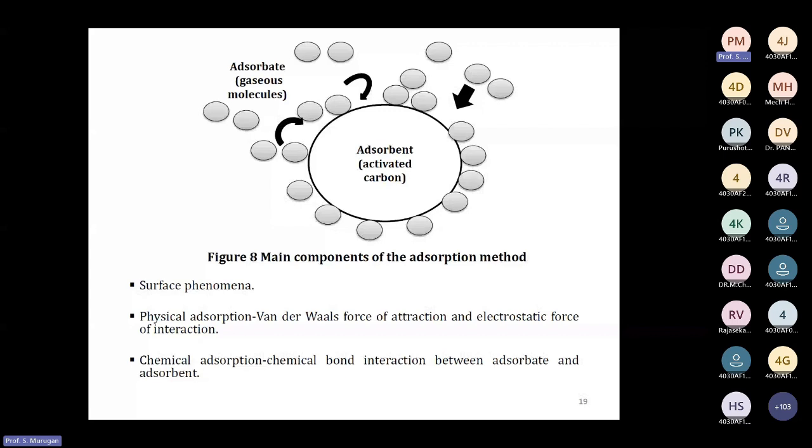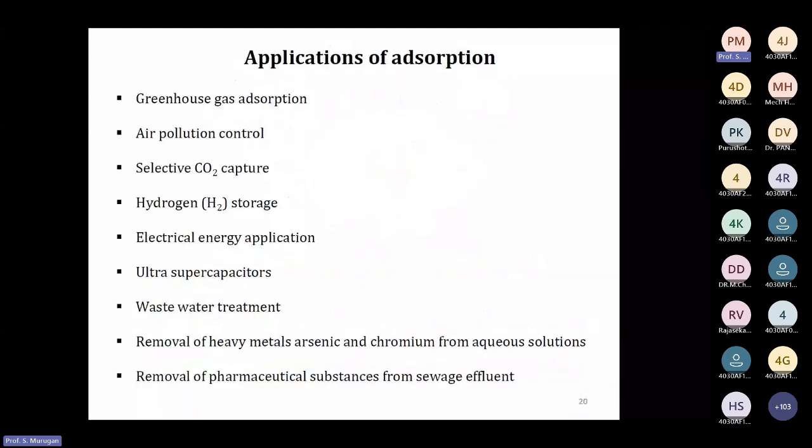If you see the applications of adsorption, as I told, you can use it for greenhouse gas adsorption. It can be used in air pollution control devices. You can use it for carbon dioxide capture. It can be used in a hydrogen storage device. It can be used for electrical energy applications. It can also be used in ultracapacitor, supercapacitor.